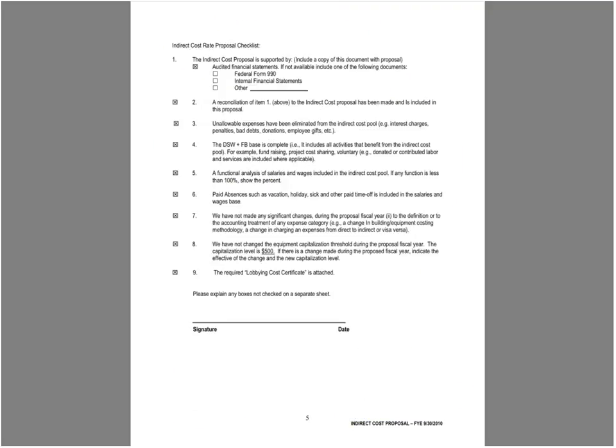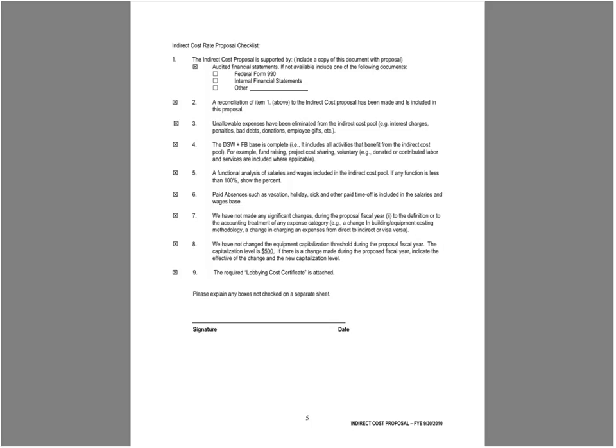Then do you remove any unallowable expenses? Obviously, you're removing things from the numerator that would make the rate lower. Number four is, did you include everything in the denominator, such as fundraising, project cost sharing, voluntary, in-kind contributions, those kinds of things that make the number bigger.